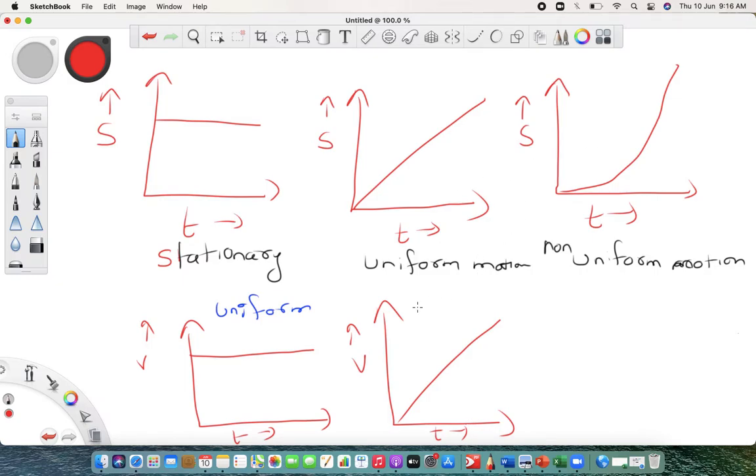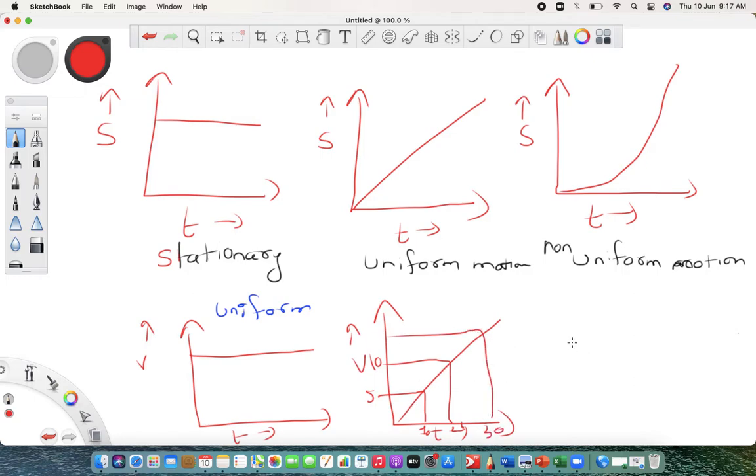Now what do you mean by uniform? So see, first it is uniform motion. But uniform accelerated means what? It's not only uniform. See, the speed is increasing. If you see, this is 5 km in 1 hour, or let's say in 10 minutes, right? 10 km in 20 minutes, 15 km in 30 minutes.